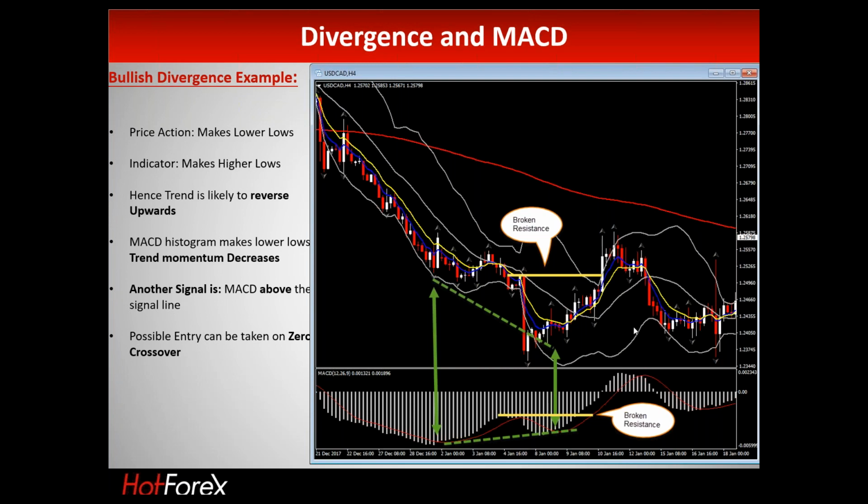And the signal came later on, between the 9th and 10th of January. So after seeing these higher lows, I have put a line on this peak over here, so that will be my resistance level.